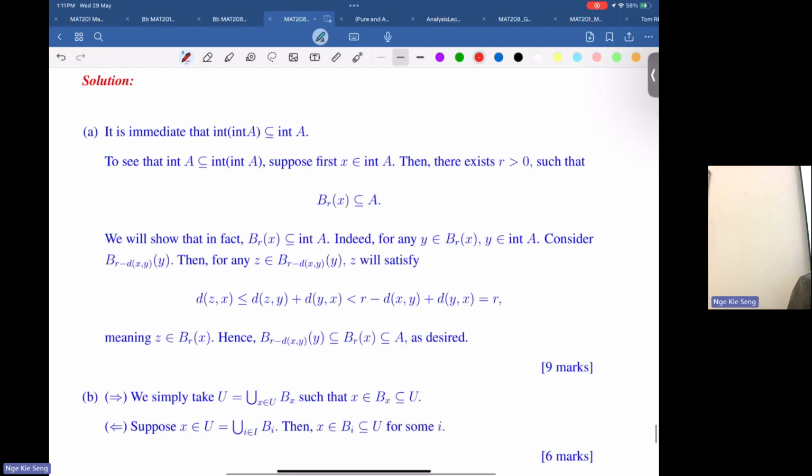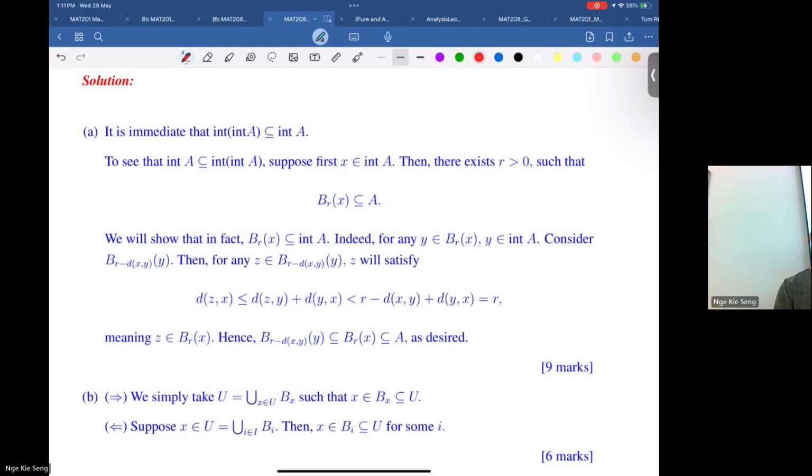For the other direction, to see int A is in int(int A), suppose that x is in int A. Then there exists r greater than 0 such that B(r, x) is in A. Everyone agree? Because x is in int A. But what do you need to show? You need to show that x is in int(int A).